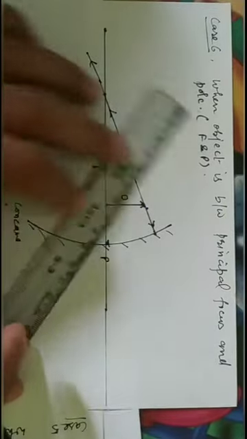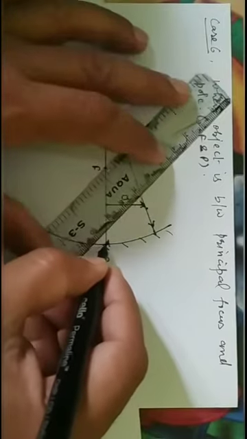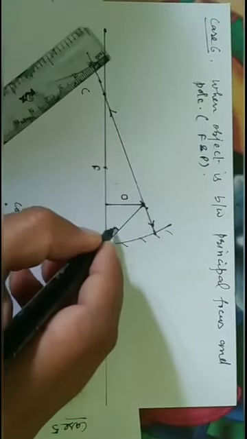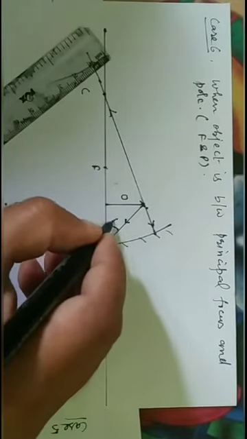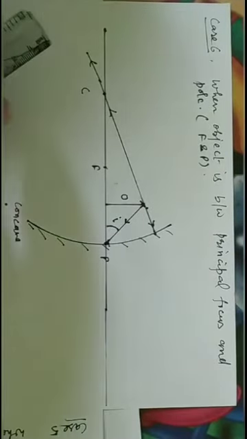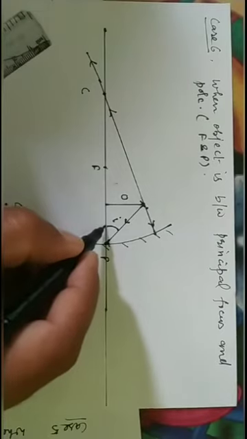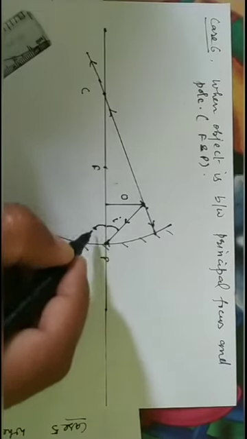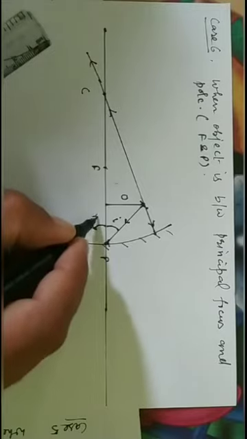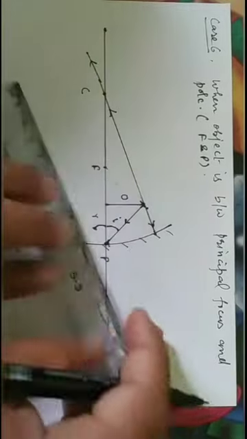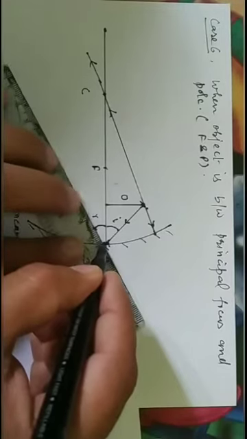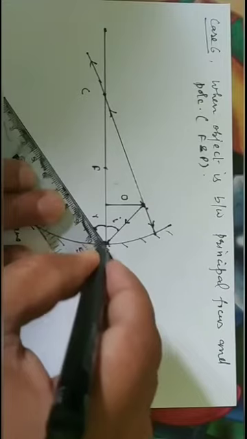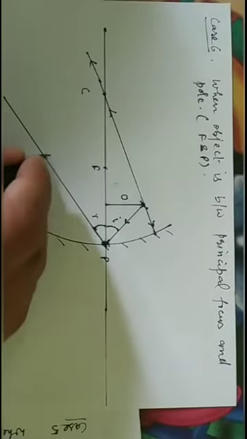Now the second ray, I will make it pass through the principal focus. Any ray making some angle of incidence i, the reflected ray will also make an equal angle of reflection. So I'll draw the reflected ray along this direction. This is our second reflected ray.